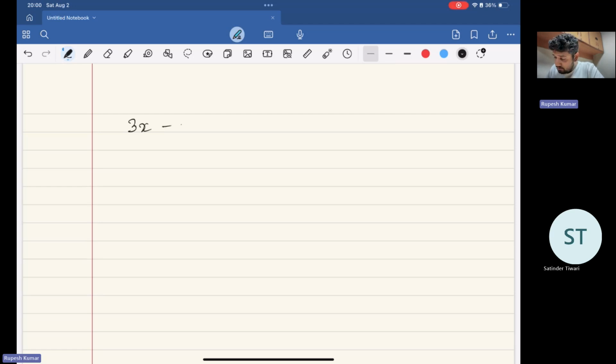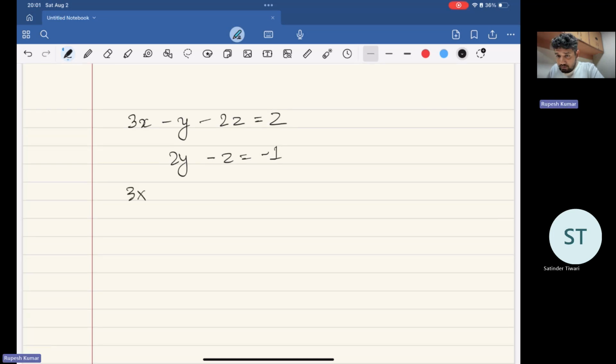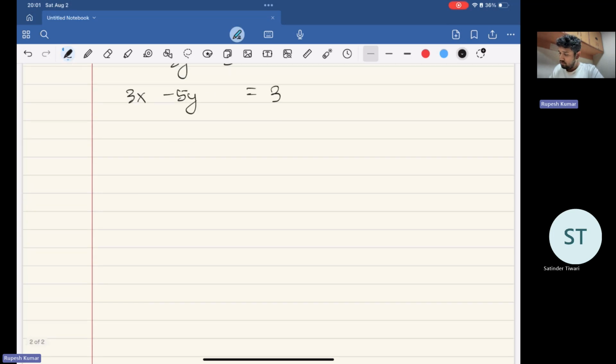Right. So the system of equations that we are looking into is 3x minus y minus 2z equals 2. Then 2y minus z equals minus 1. And then 3x minus 5y equals 3. Right.